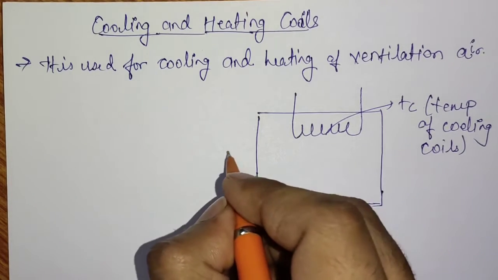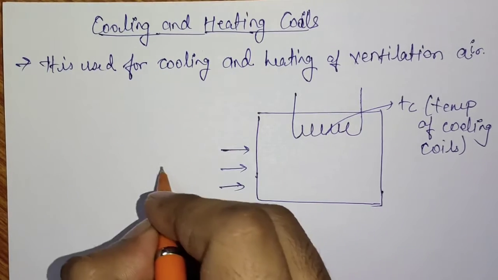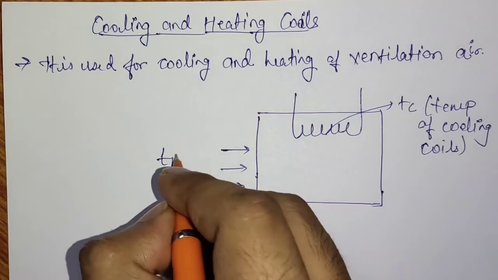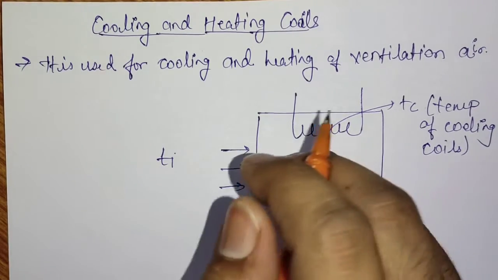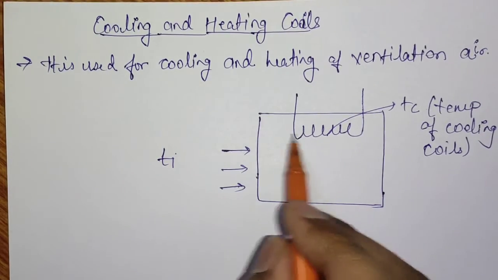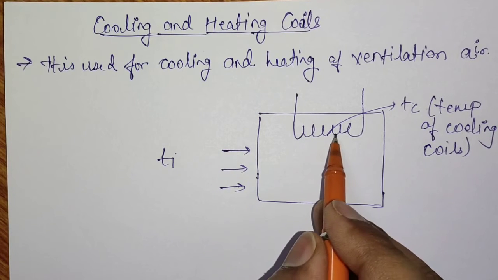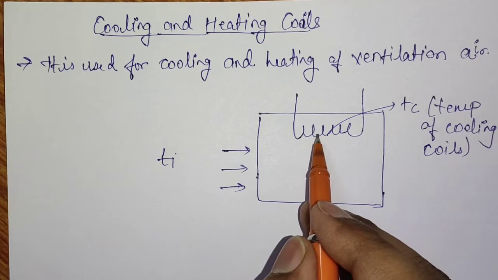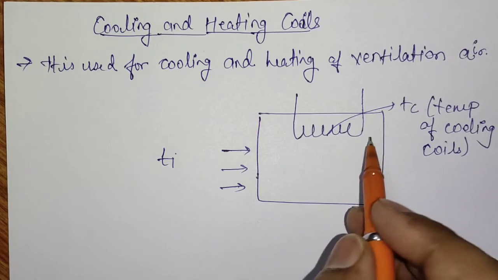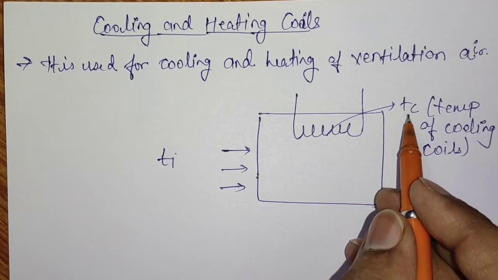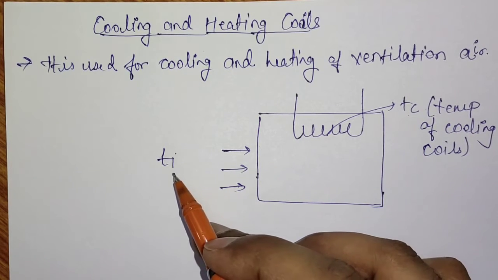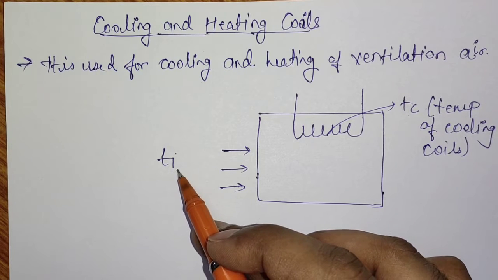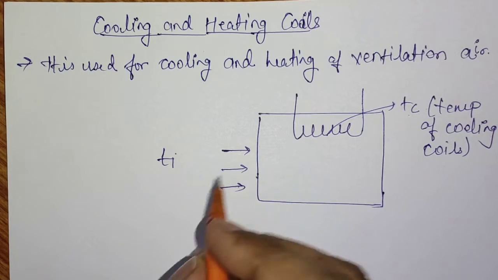Over this, air with initial temperature T1 flows, and while flowing over the coil, the air comes in contact with the coil and gets cooled down. It is to be noted that the temperature of the cooling coil is smaller than T1, the temperature of the inlet air.